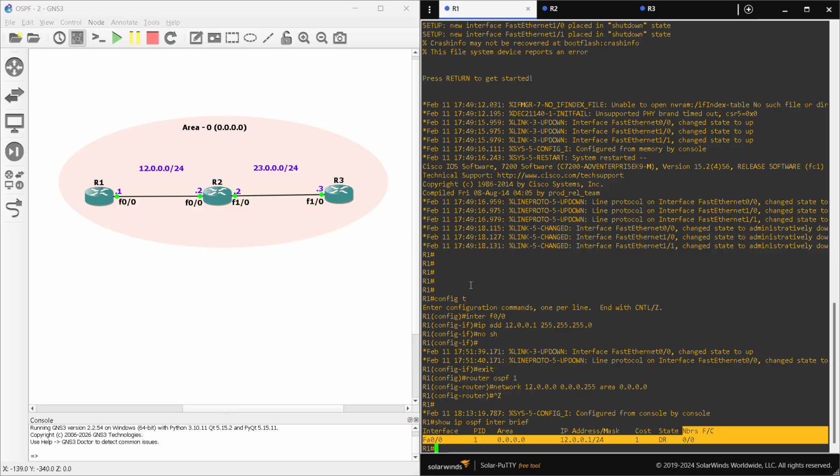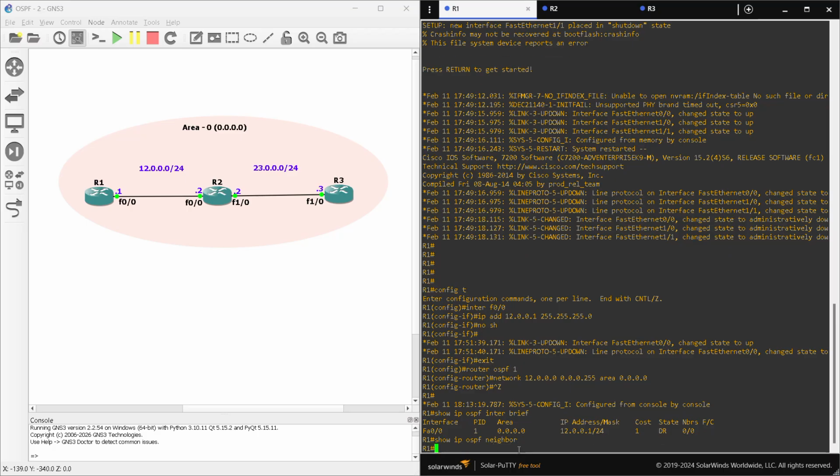And also let's check show ip ospf neighbor. It shows empty as no neighbor is configured with OSPF. Okay, so now we have the clarity.